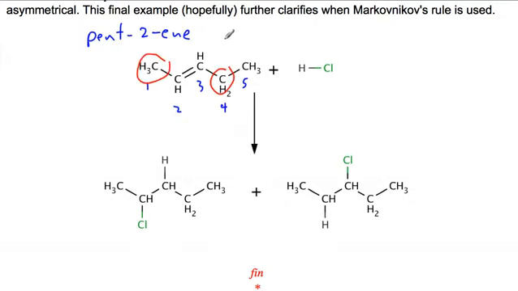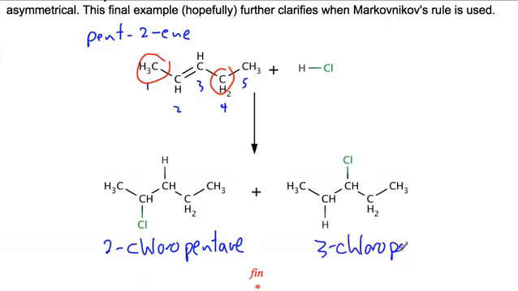So we're going to get two products here because of our HCl, but which one predominates? And so there are two possible products. What we end up with is 2-chloropentane or 3-chloropentane. And so if we try to invoke Markovnikov's rule, the carbon of the double bond that is bonded to more carbons, well, carbon 2 is bonded to 2 carbons, and carbon 3 is bonded to 2 carbons as well.